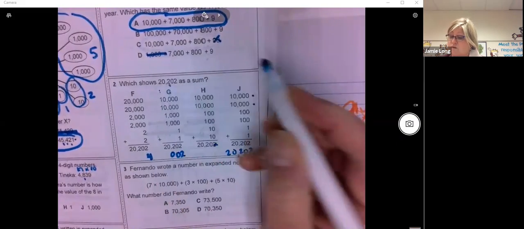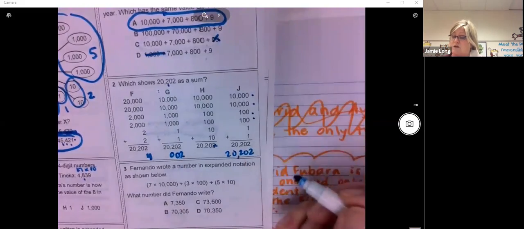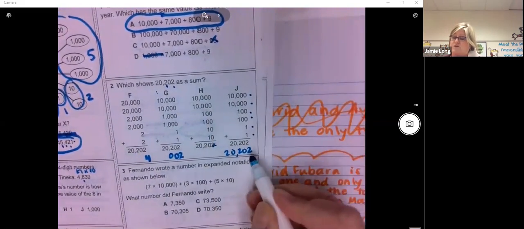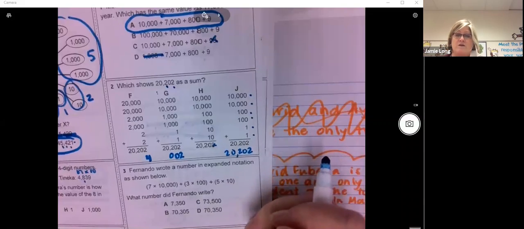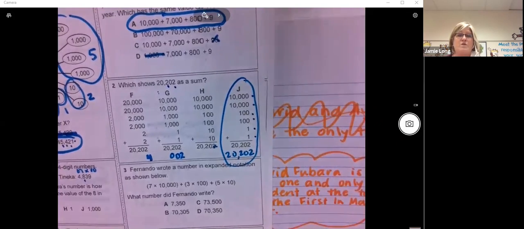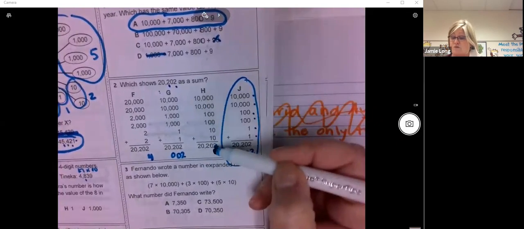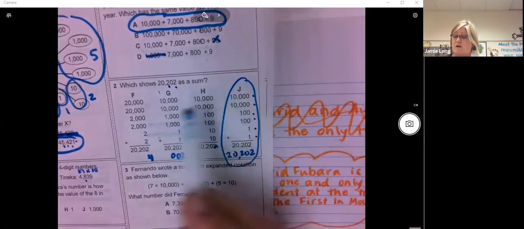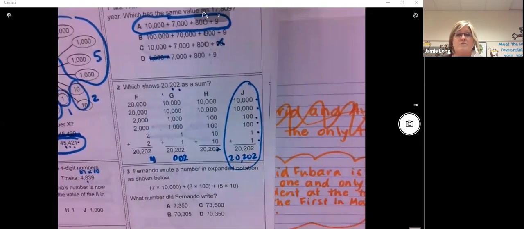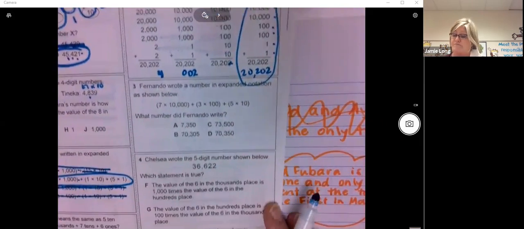Which one shows 200s? There's 100, 200. Which one shows two ones? 1 and 2. So either way gets you to the same answer. We found out that J was the best answer. So either way, if you can disprove, that's one way to eliminate, or you could just do the place value. But two ways solve the same problem.